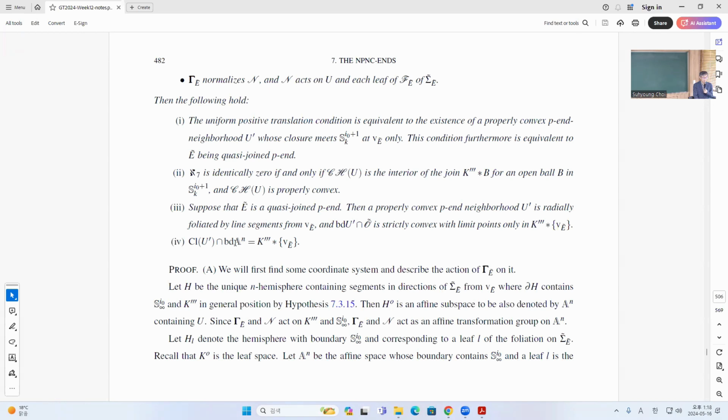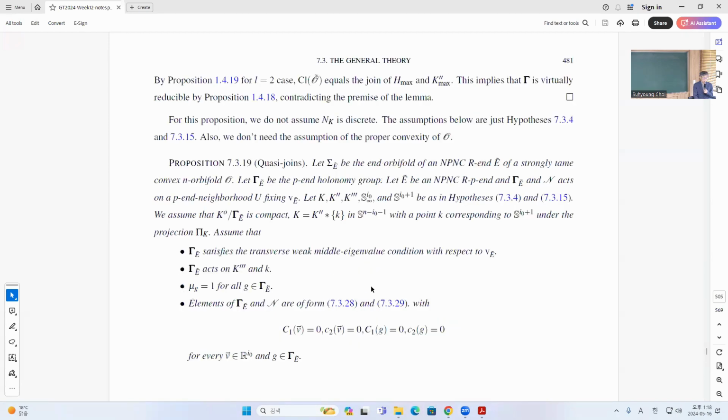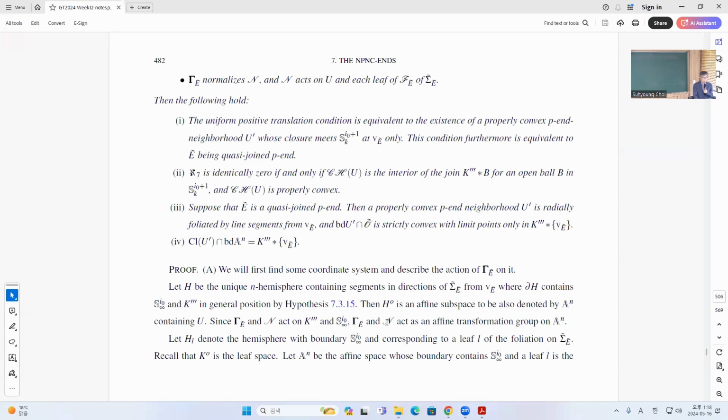So A is the, boundary A is a sphere containing the sphere at infinity and the K double prime and B. Okay. So that's the only one. So this gives you the case when you have a quasi join N. Okay.